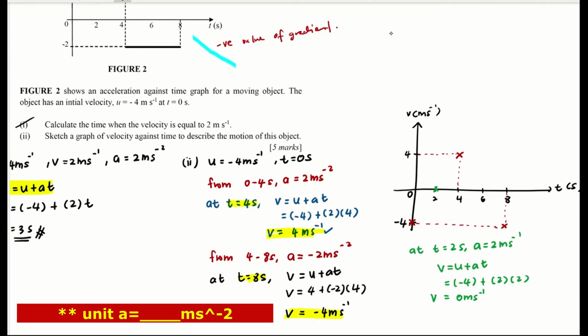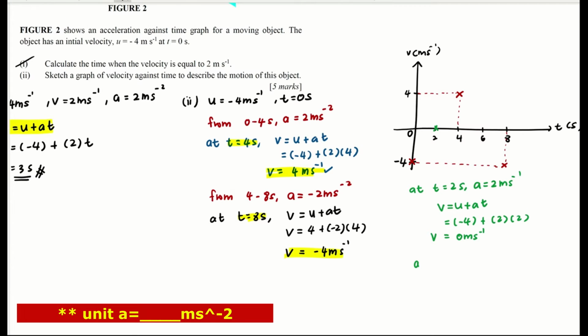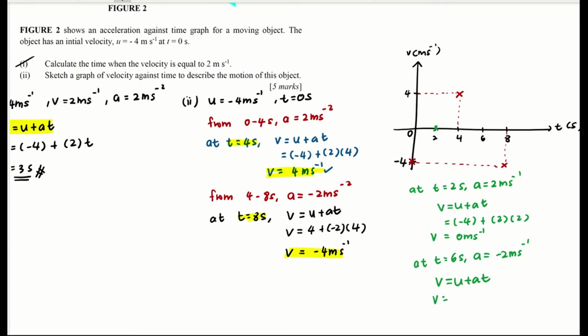Or from 4 to 8 seconds you want to calculate. At 6 seconds you can calculate too. So you can show it, okay, I'll write it down here. So at t equal to 6 seconds, acceleration is -2 meters per second squared. If you want to calculate, for example, using v equal to u plus at, you can take u from here.